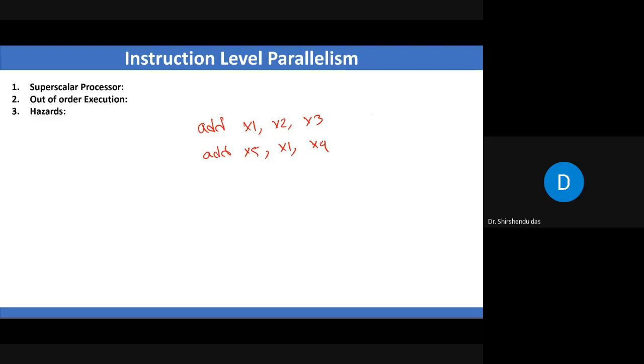But in out of order execution, it may create one more problem. Suppose this is instruction 1 and this is instruction 2. If instruction 2 somehow executes before instruction 1, then what value of x1 will the second instruction read? The old value. What value should the second instruction read? The updated value of x1, only concentrate on x1.